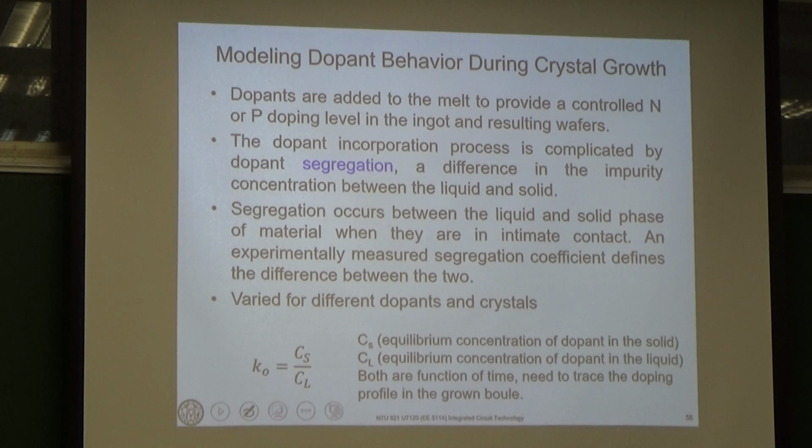So we can do some experiments to check these segregation coefficients. Here we define the segregation coefficient K0 equals the concentration in the solid divided by the concentration in the liquid. Both are functions of time.